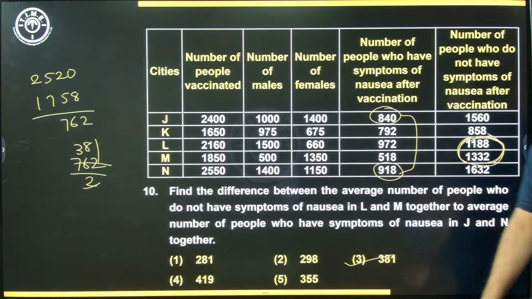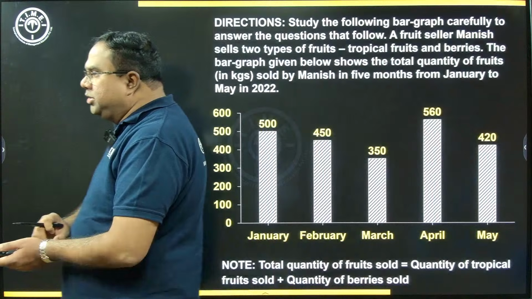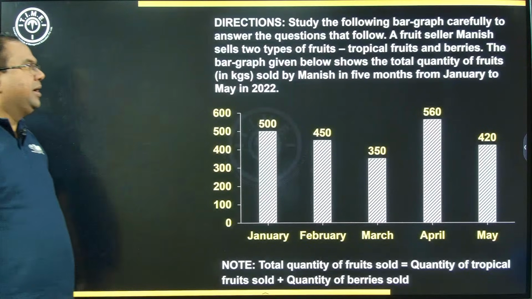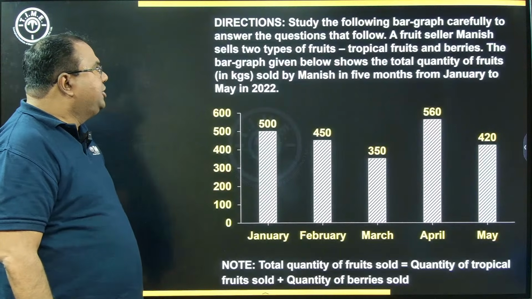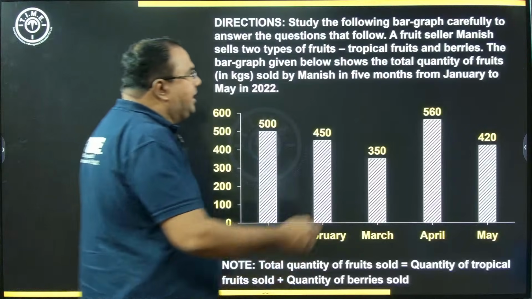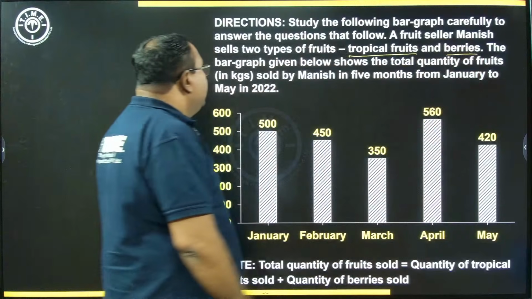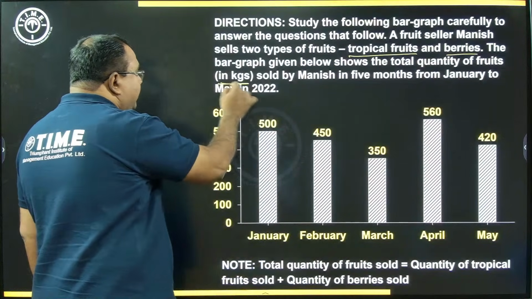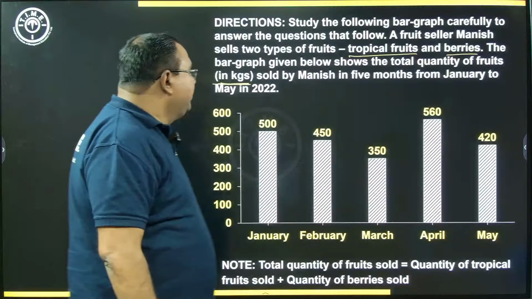Okay, let's move to the next set. This is your third set, students. Study the following bar graph carefully to answer the questions that follow. Fruit seller Manish sells 2 types of fruits, tropical fruits and berries. The bar graph given below shows the total quantity of fruits in kgs sold by Manish in 5 months from January to May.